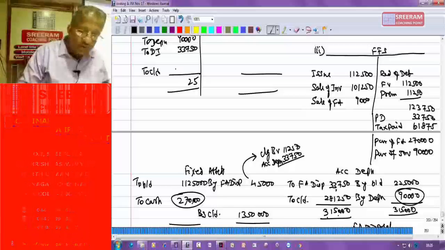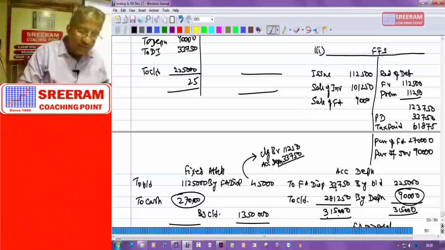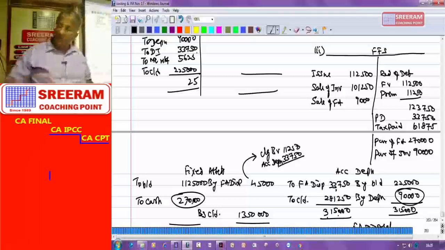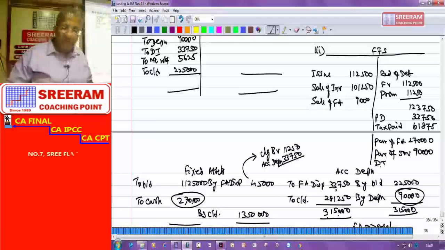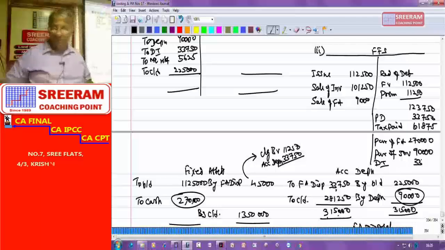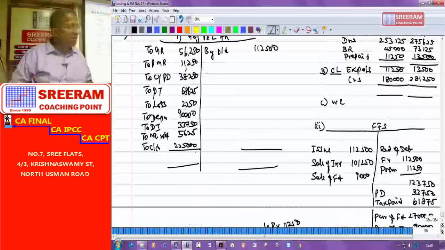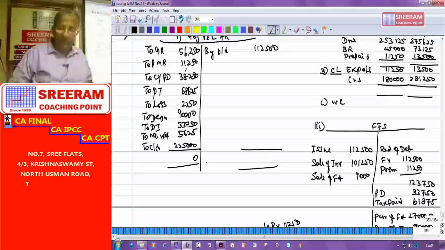To miscellaneous expenses written off 5625. So here, debenture interest 33,750. I think we have considered all. So what's your total here? 5,31,000. Exactly 5,31,000. Okay.